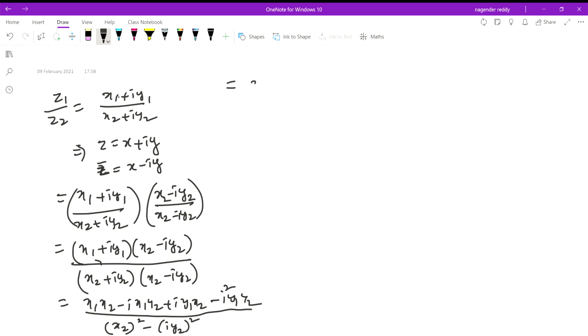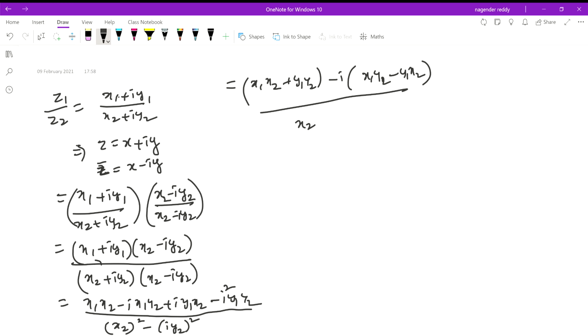That is equal to x1 x2, and this is minus i square, meaning plus y1 y2. So I'm writing plus y1 y2 here, and here you can take minus i common, or you can take i also common, that is your wish. I'll go with minus i. That is x1 y2 minus y1 x2, total divided by x2 square minus i square, which gives minus 1, so plus y2 square.